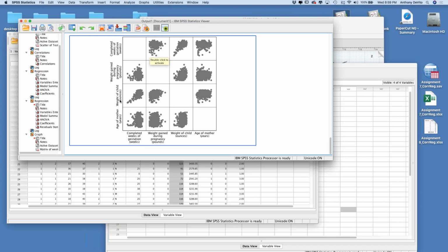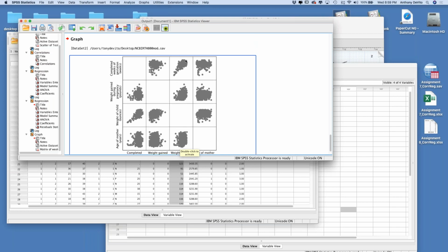That's weight in ounces to completed weeks of gestation, a strong association. This looks like a weak positive association. That's the weight gain during pregnancy and the weight of the child. That seems reasonable too. This one looks like there's no association whatsoever, and that's the weight of the child in ounces and the age of the mother in years. That makes sense. Maybe there isn't an association between those two.